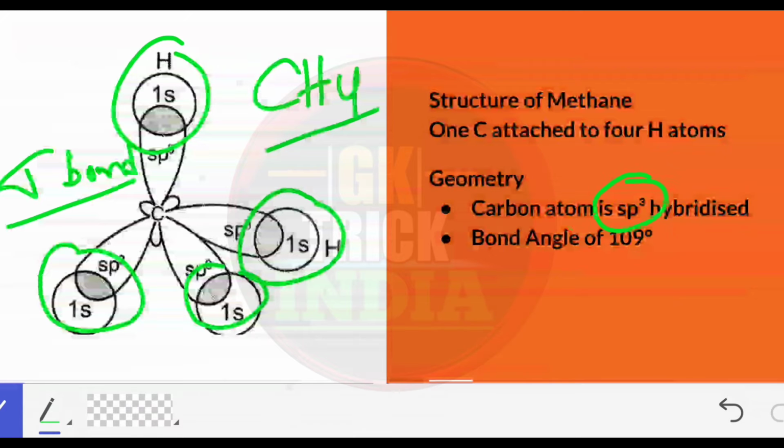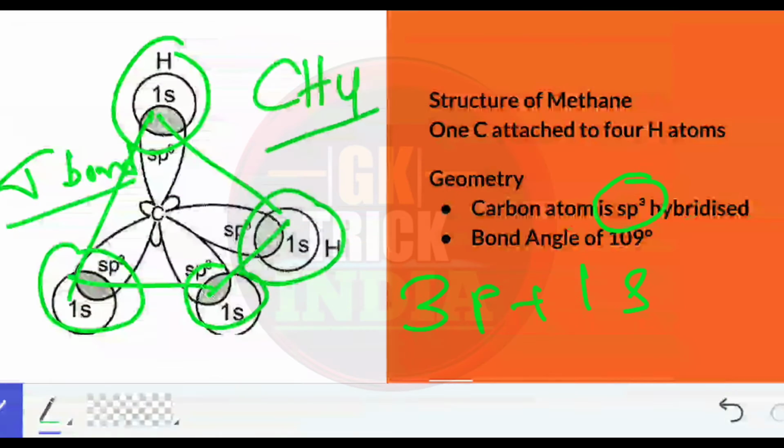Sp3 hybridization is nothing but orbitals formed by the hybridization of 3 p orbitals plus 1 s orbital. One distinct feature of an sp3 hybridized atom is that it obtains a tetrahedral geometry, right? Here you can see they have a tetrahedral geometry.